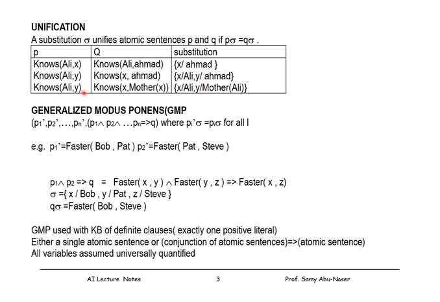Another: Knows(Ali, Y) and Knows(X, MotherOf(X)). Here X takes the value Ali and Y takes the mother of Ali. We substituted X with Ali and Y with mother of Ali.